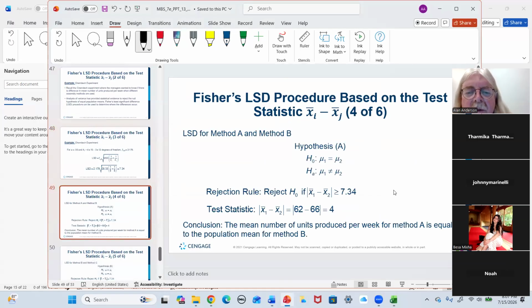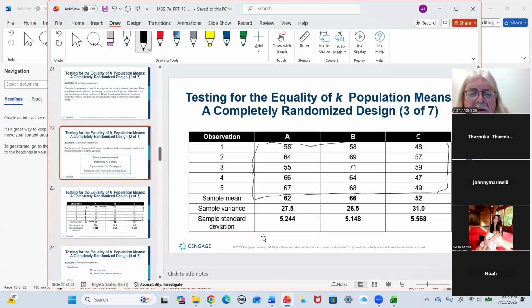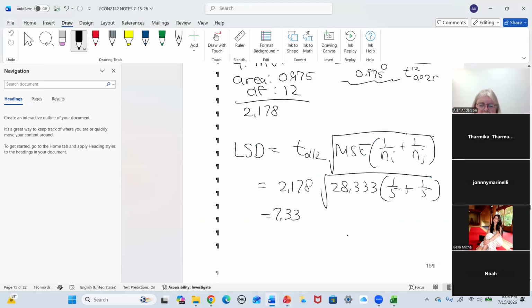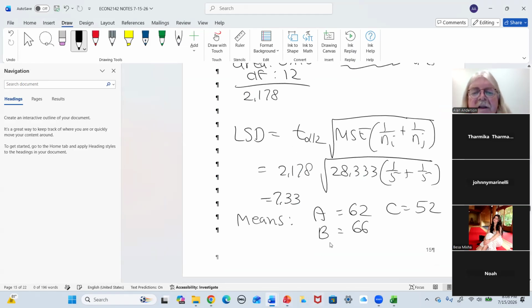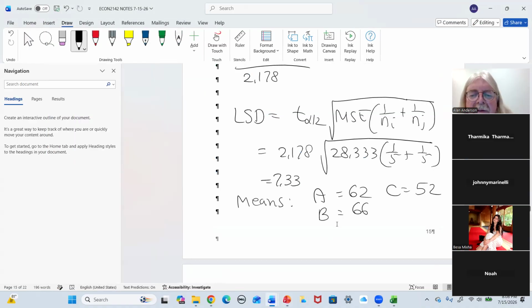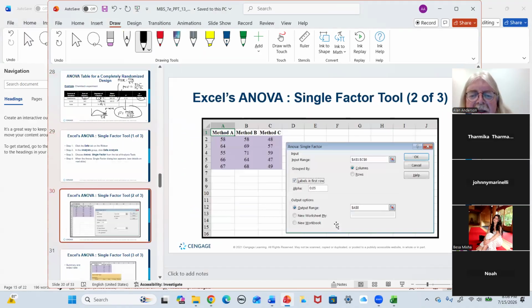Oh, okay, that's fine. So now what we have to do is go back and look at the data. We had the three methods in Chemitech. The means were 62, 66, and 52. To compare them to each other, you compare the absolute values of the differences to that LSD factor.